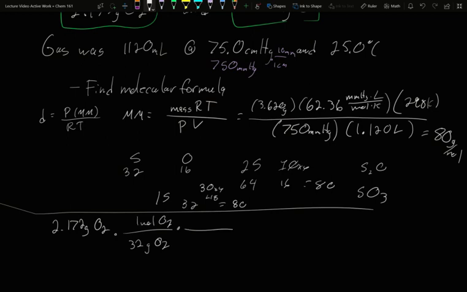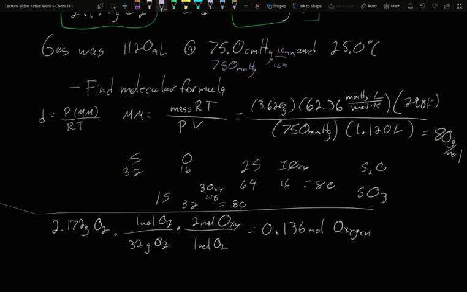And because we want to be in just oxygen to compare, in every 1 mole of O2, there's 2 moles of O. We can find the actual moles of oxygen atoms. 2.172 divided by 32 times 2. 0.136 mole of oxygen.